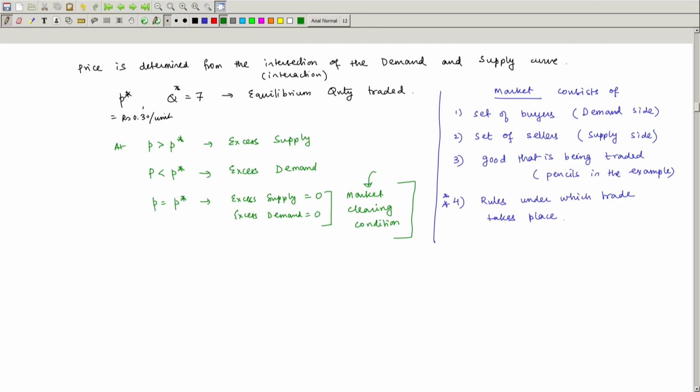So, I have 7 pencils, I am going to allocate that good on a first come first served basis. I ask people to stand in a line, and let us say I say no more than 1 per unit. Then the first 7 individuals in the line get the pencils, and the ones standing in the line from 8th and beyond do not get the pencil. That is one way of allocating it.